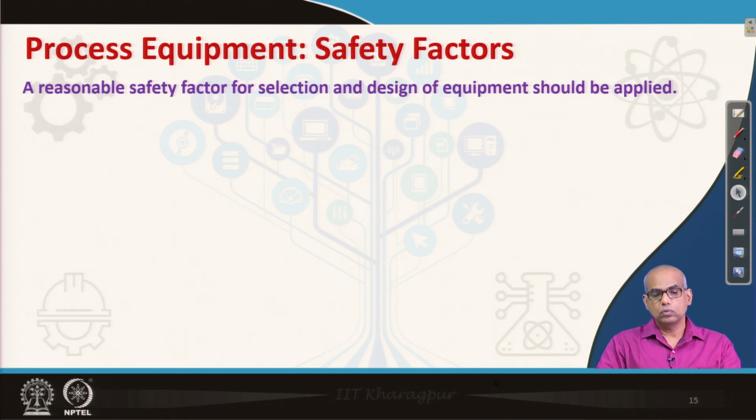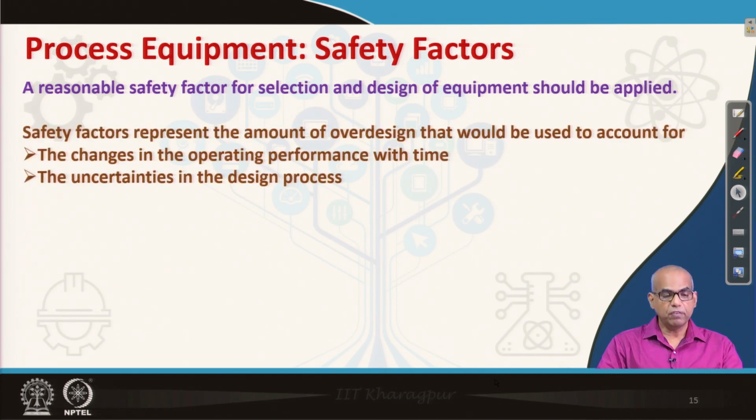Now, while selecting equipment, a reasonable safety factor for selection and design of equipment should be applied. Safety factors represent the amount of over-design that would be used to account for the changes in the operating performance with time and the uncertainties in the design process that will always be there, due to uncertainty in data and due to uncertainty in the calculation process.